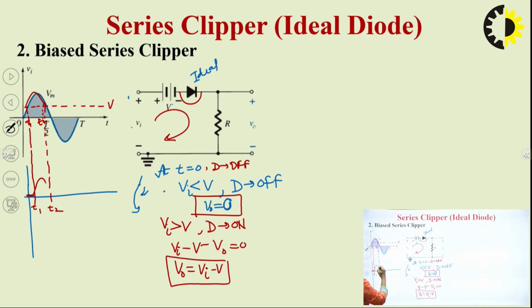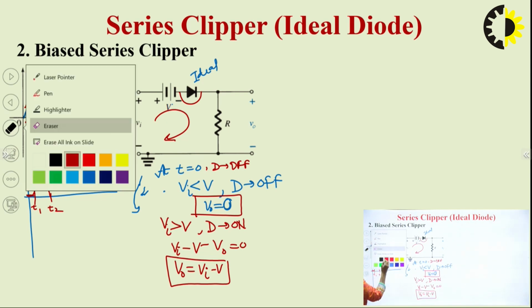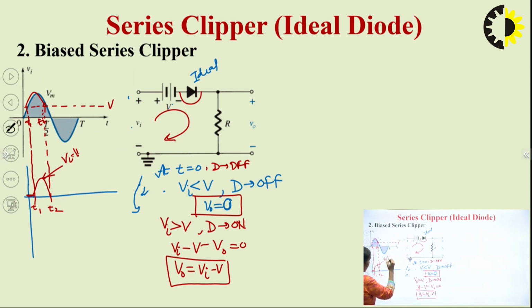So this will be your output, and this is nothing but Vi minus V volt.